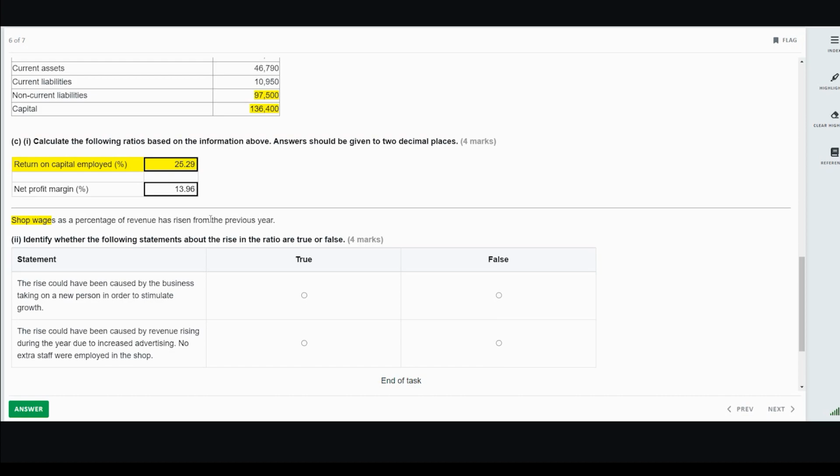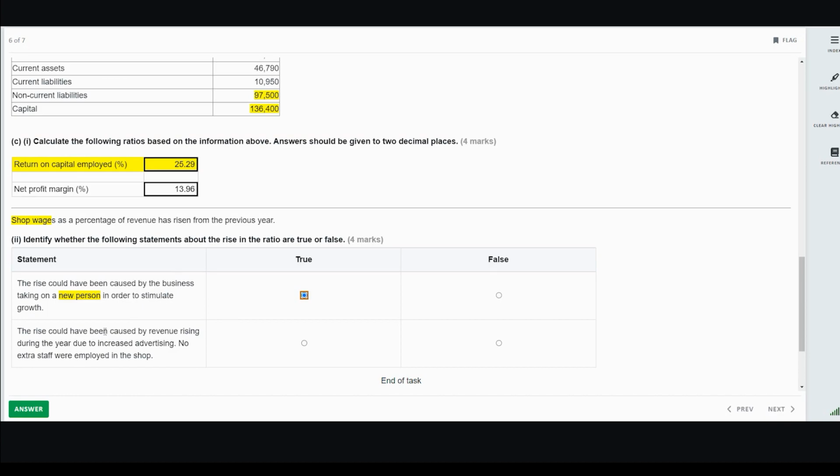The rise could have been caused by the business taking on a new person in order to stimulate growth. If you're taking on a new person, you're going to be paying them a wage. So if you're paying them a wage and there's been an increase in revenue, yes, that would be true, because you're taking on that person to generate that revenue.